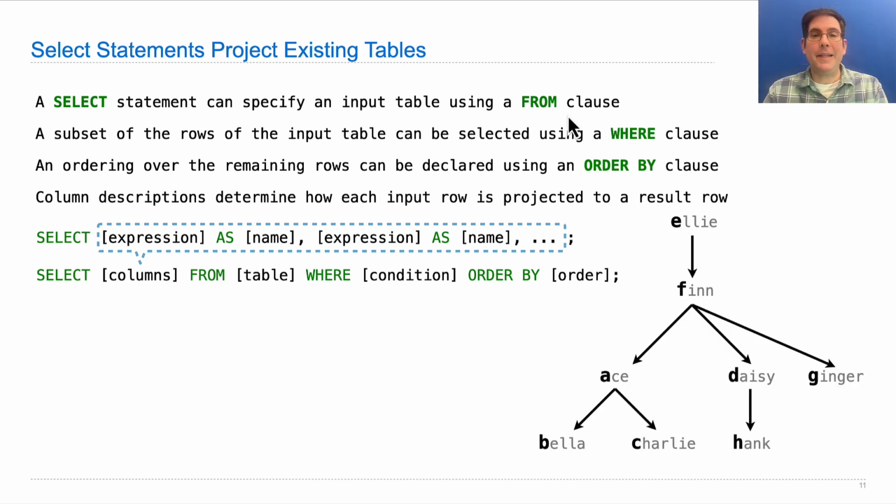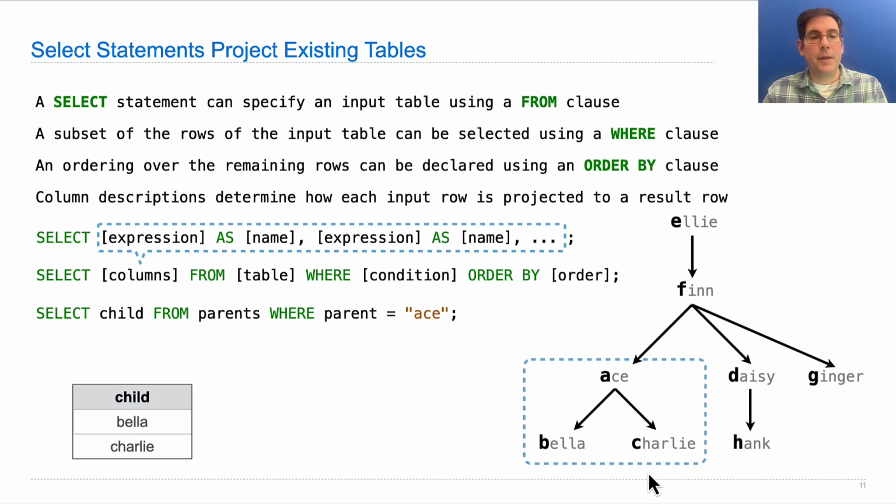So let's pull back in our dog family tree and think about what we might ask. What is the child from the parents table where parent equals Ace would list out both Bella and Charlie, the two child values, where in the original parents table, the parent value was Ace.